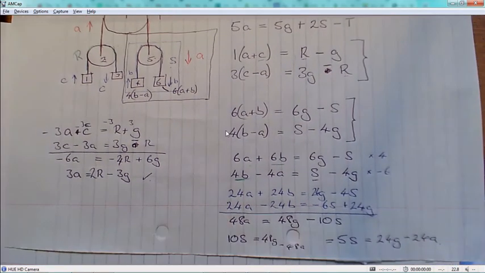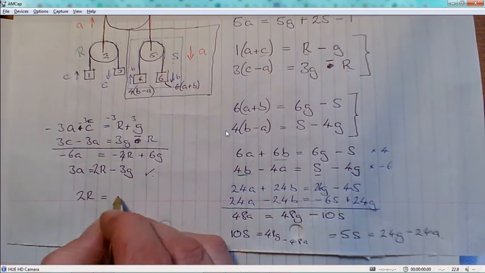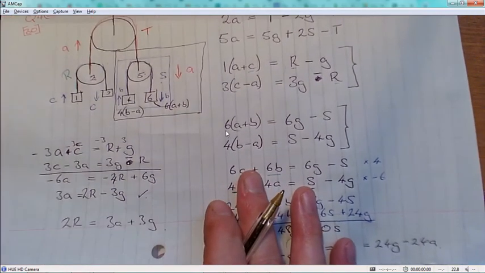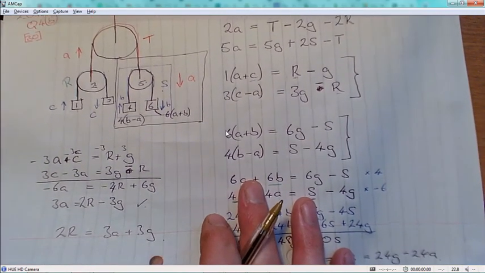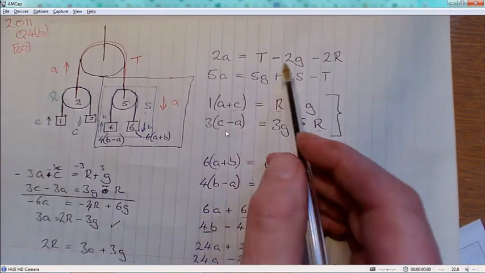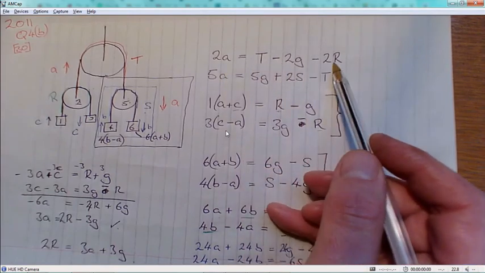So what we've got here is a couple of breakdowns in what S is and what R is. So we could also say that 2R is equal to 3A plus 3G. We can now bring that back up into one of our formulas. So the 2A formula, 2A is equal to T minus 2G minus 2R.